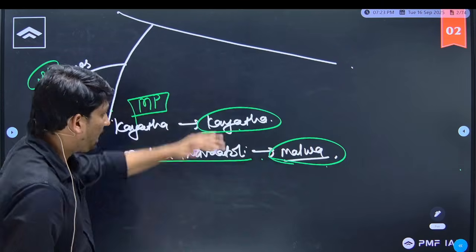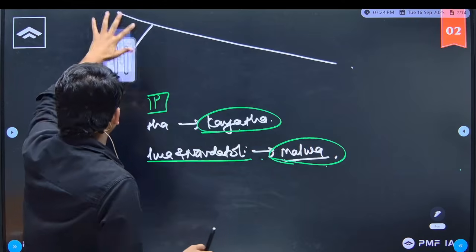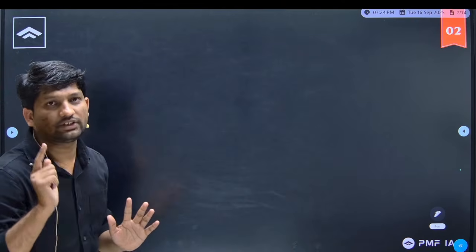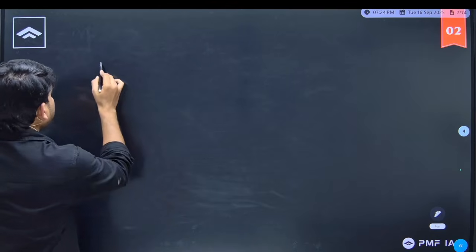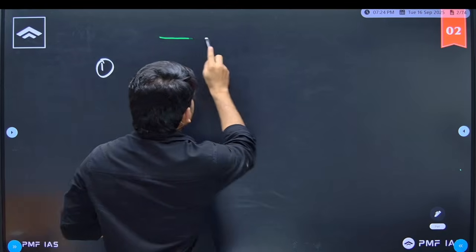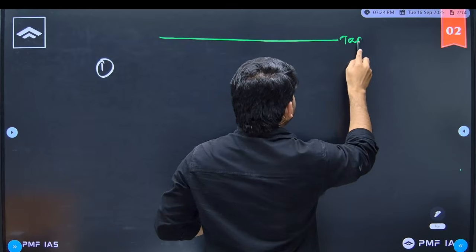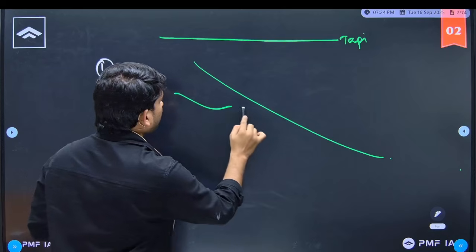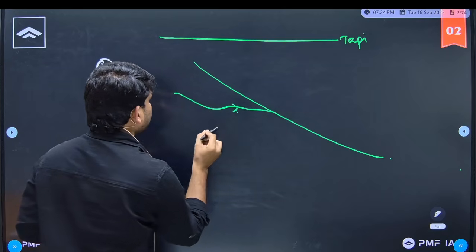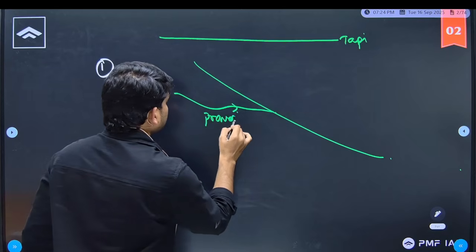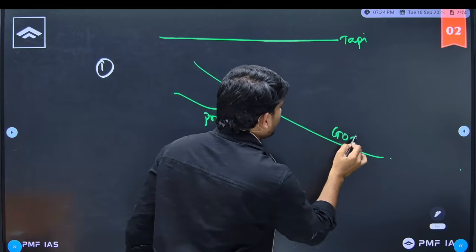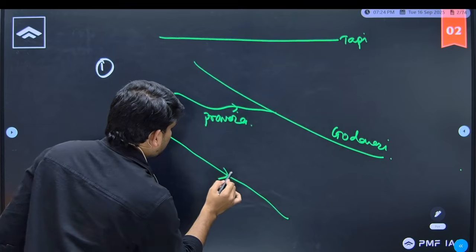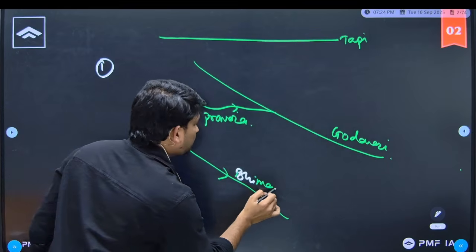And next is Maharashtra, south of this. In Maharashtra, there are two important cultures. First is, suppose this is the Tapi river, then this is Godavari, this is a tributary of Godavari, means Pravara river, this is Godavari, then this is Bhima river.